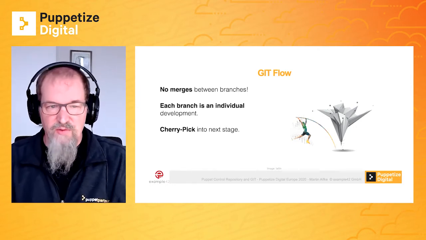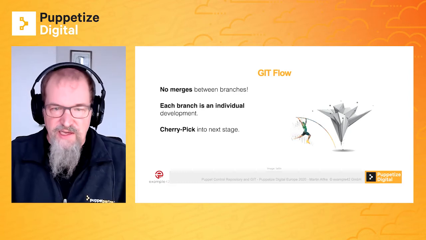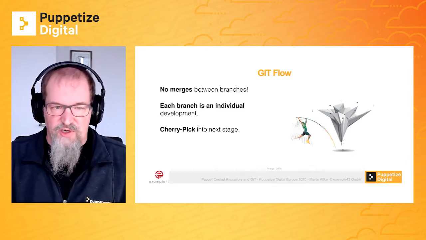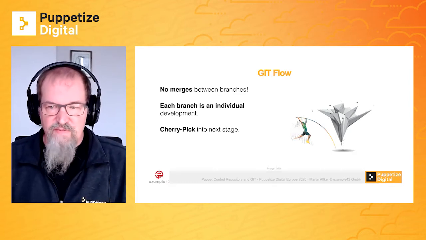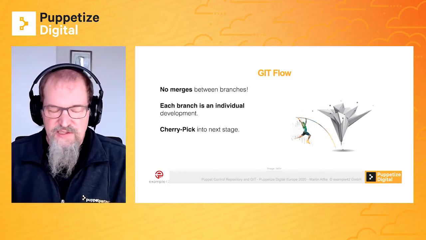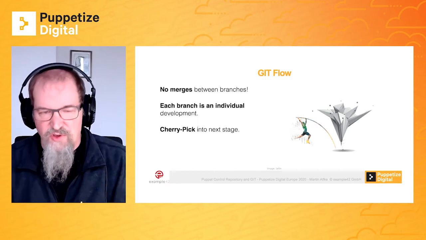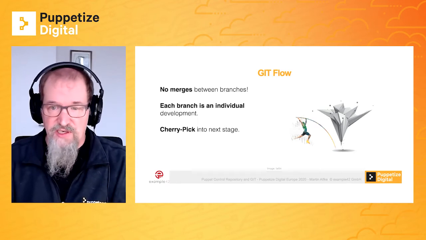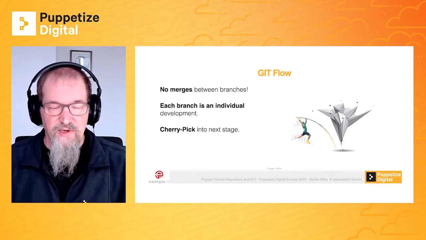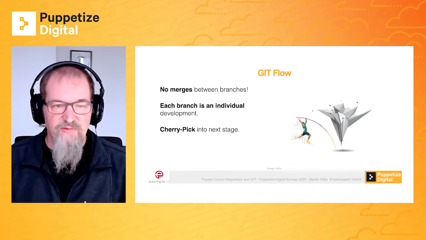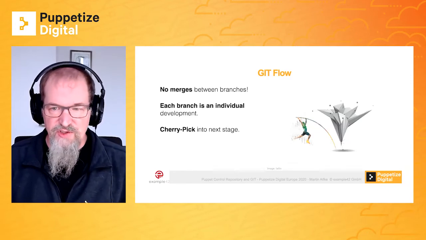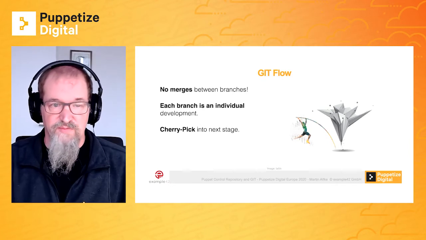Let's wait for a moment. I will explain it. The next thing is each branch is an individual development, see it like an individual Git repository. It's not a Git repository individually, but it's a branch inside the same, but keep them separated. And if you want to have changes, you have to learn about cherry picking changes from stage to stage.